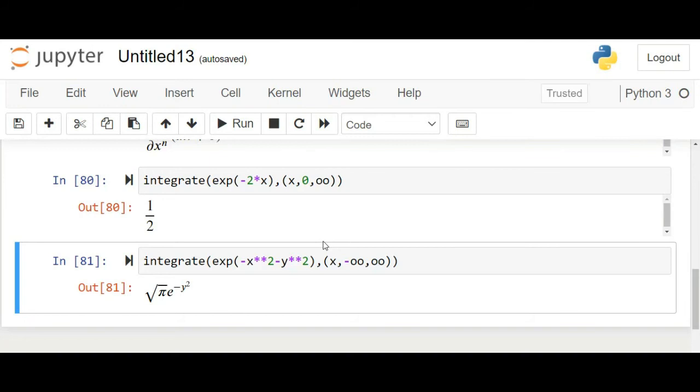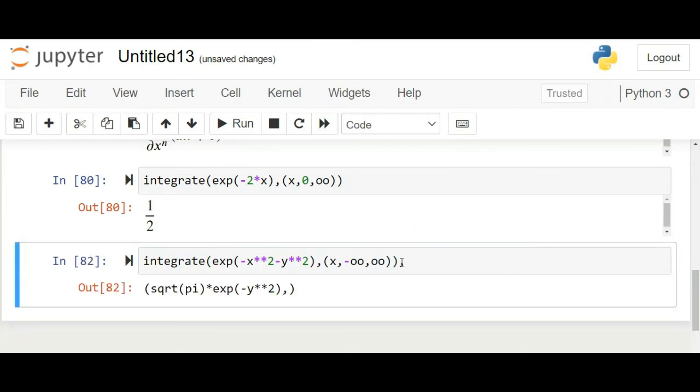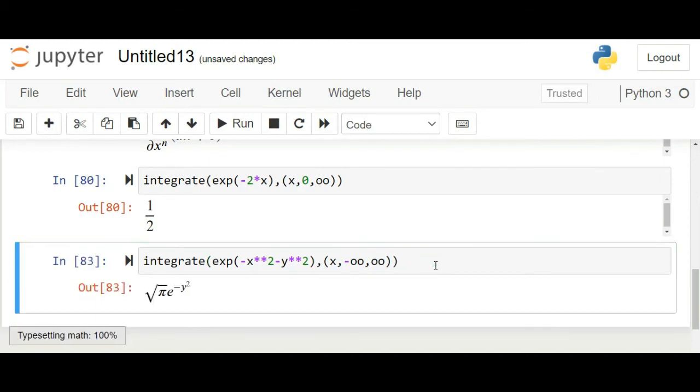Okay, and now if I write comma over here, then this is square root of pi, comma over here, square root of pi times e raised to the power minus y square. If I do not write it just like this, then it will work in the same way.